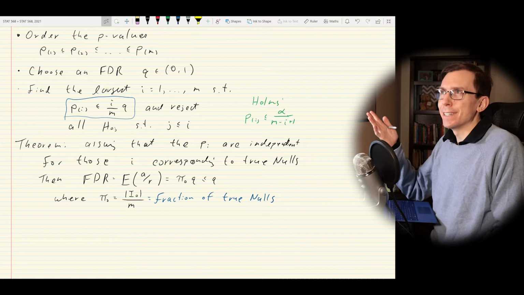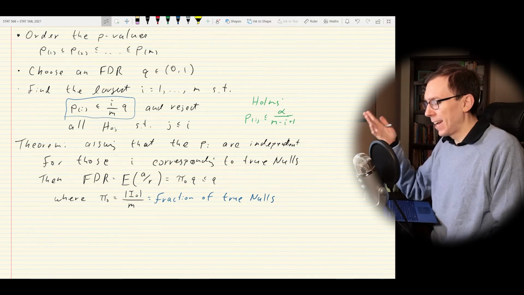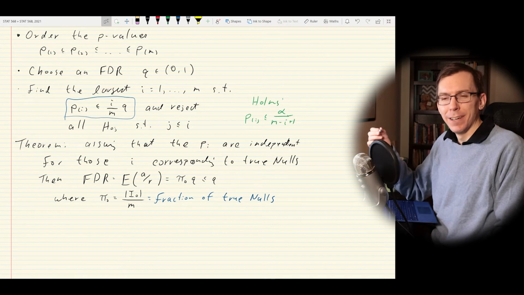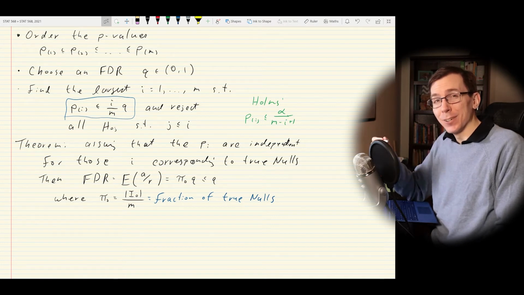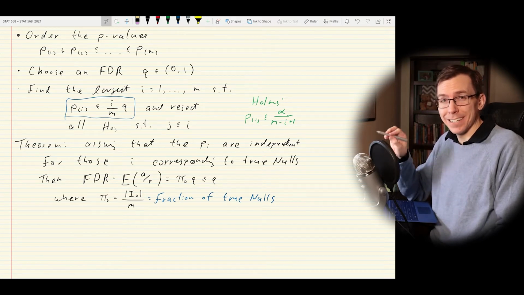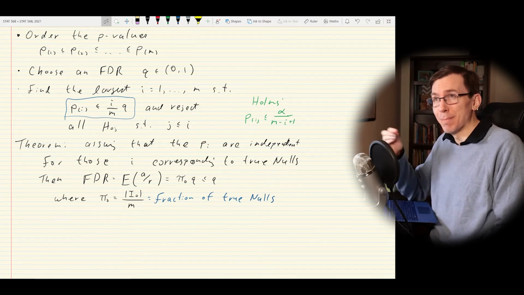But very often when you're testing lots of hypotheses, you're going to assume that most of them are not significant and only a few of them are. It's kind of like a needle in a haystack. You're trying to find which of your tests are significant, and you assume that most are not.